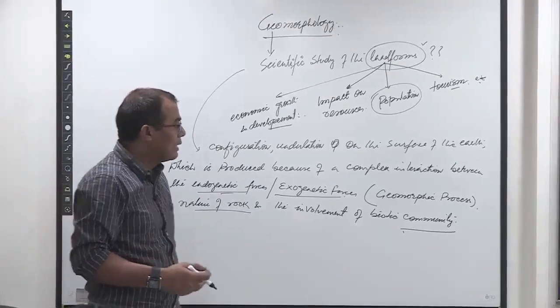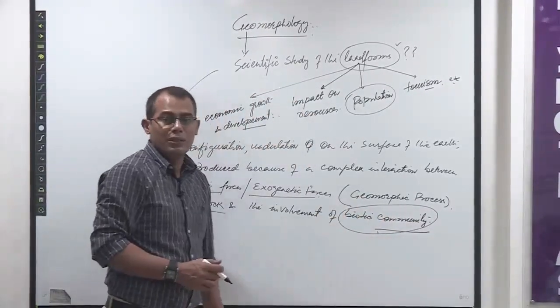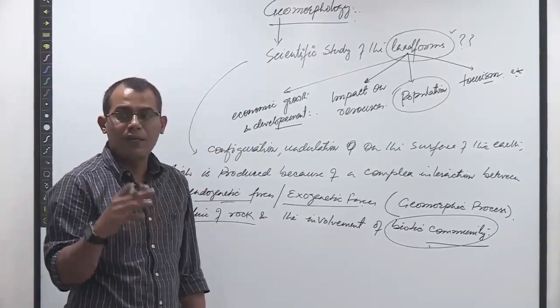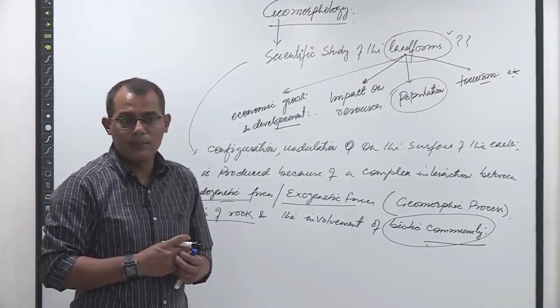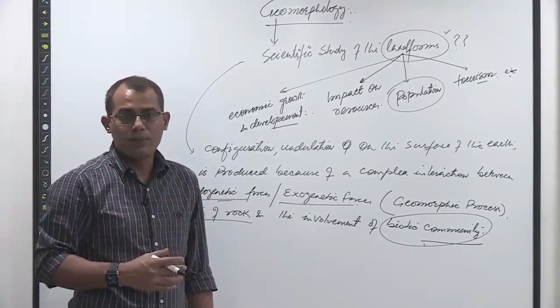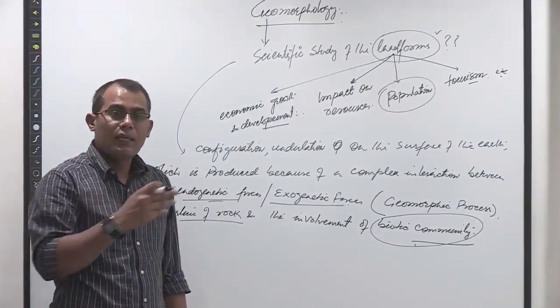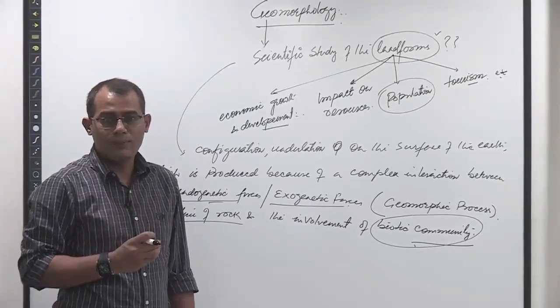Nowadays it has increased its complexity basically because of the involvement of humans. Right? Human has much greater capacity to modify the minor features of land. Obviously it cannot create mountains, it cannot create plateaus or big landforms, but definitely among that it can accelerate the rate of erosion, it can decelerate the rate of erosion, right?